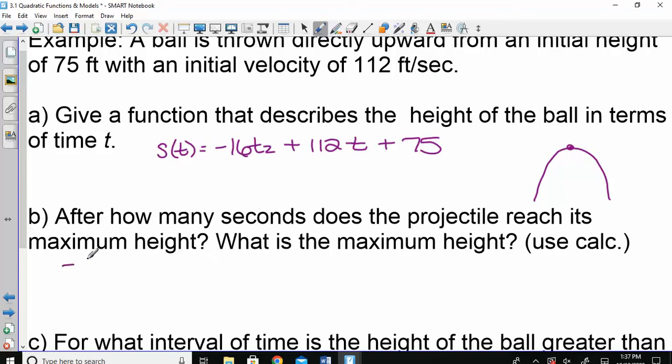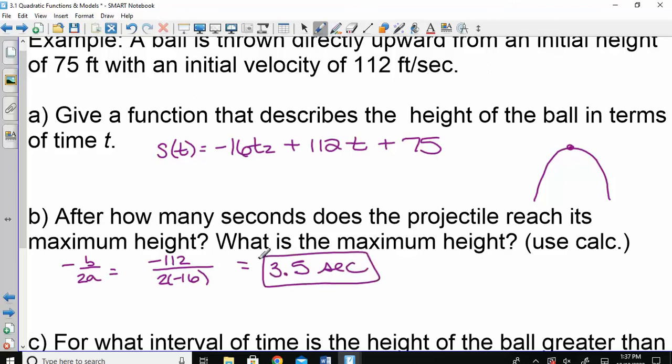So opposite of b over 2a, so negative 112 over 2 times negative 16. We get 3.5. It's time. We were in seconds. If I asked you what the actual maximum height is, am I asking for the x or the y there?